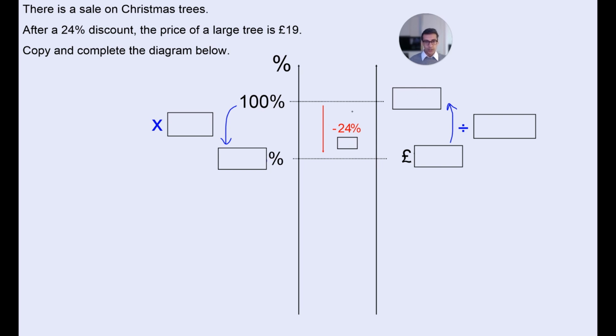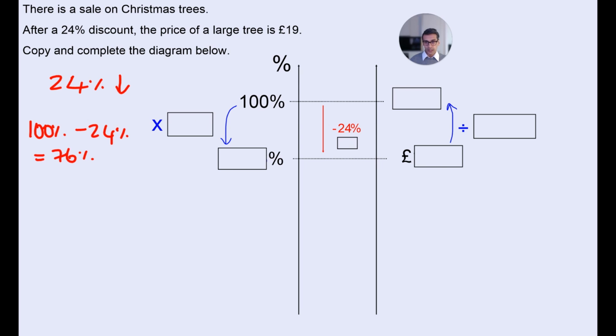Okay, so if we're going down by 24%, then a 24% decrease means you are left with 100% minus 24%, which is going to give you 76%.